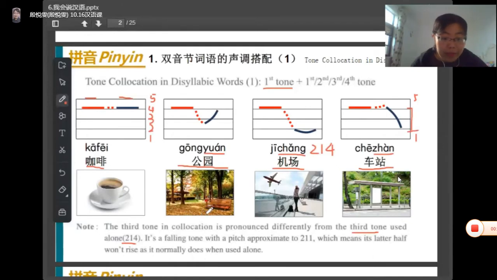It's a following tone with a pitch approximate to 211. Comparing 214 and 211, we can see the last level turns weak but is still there, which means its later half won't raise as it normally does when used alone.